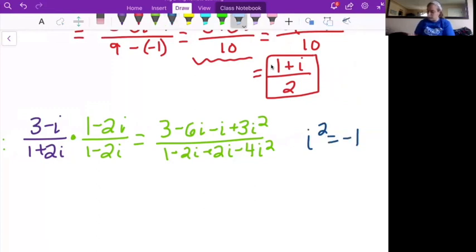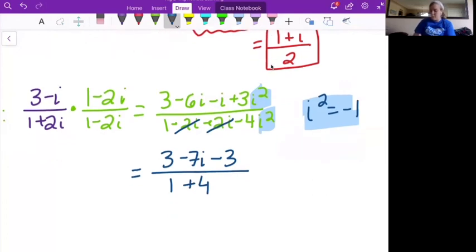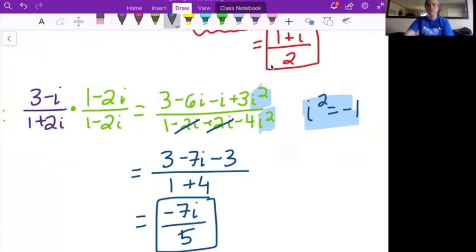So we're going to use that here. So then we get 3 minus 7i minus 2 over 1, these two i's will cancel, so then plus 4. And so my 3's will end up canceling. So we get negative 7i over 5. And that is our answer.